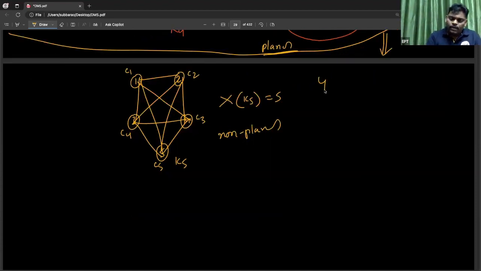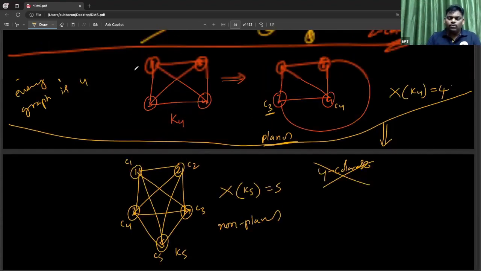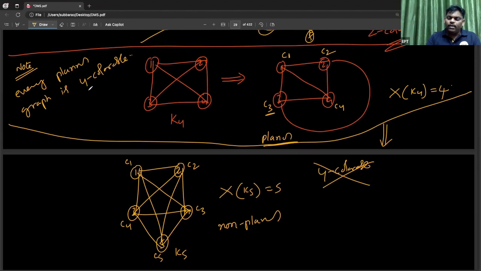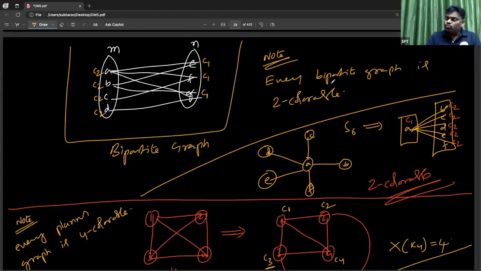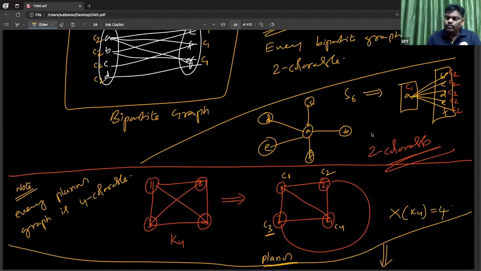Every planar graph is 4 colorable. It is a note, so take care. Every bipartite graph is 2 colorable. Every star graph is 2 colorable.